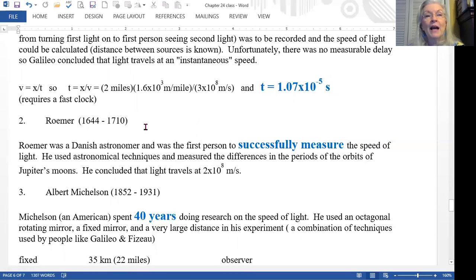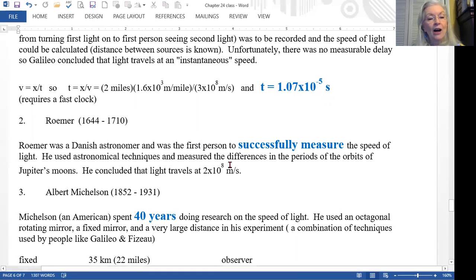When a moon passes in front of a planet, you can actually see it because it's a little dark spot migrating across the planet. By using this, he calculated that light was traveling at 2 times 10 to the 8th meters per second. When you consider that the value we use is 3 times 10 to the 8th meters per second, he only had a 33% error, and that's not bad when you think about what he had available to use.